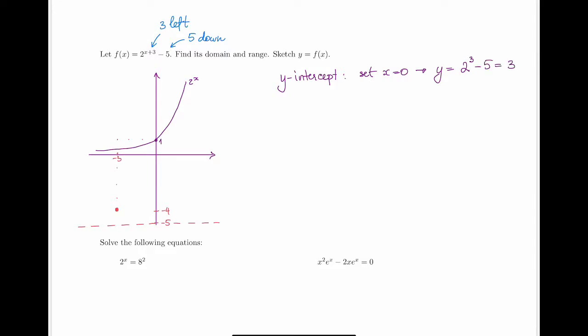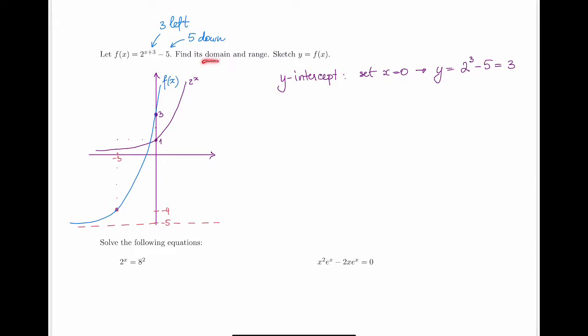So I know that my new graph will intersect the y-axis at 3, and this alone should give me enough structure to sketch a fairly reasonable graph of my function. So this is my function f of x.